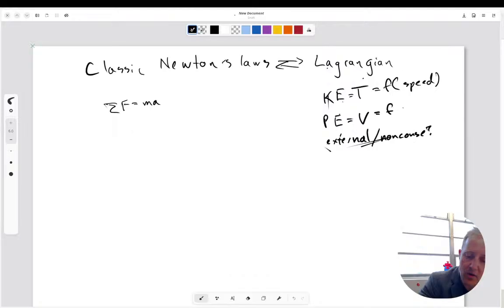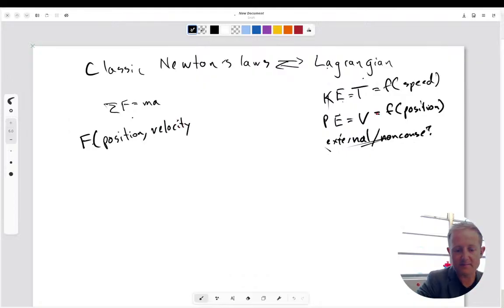And potential energy is always some function of position. Very different than over here, where the total force is a function of position and velocity, not always velocity, sometimes speed, and that's equal to mass times acceleration.